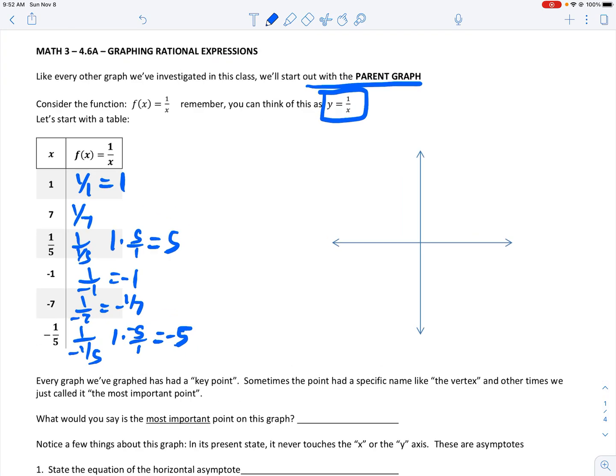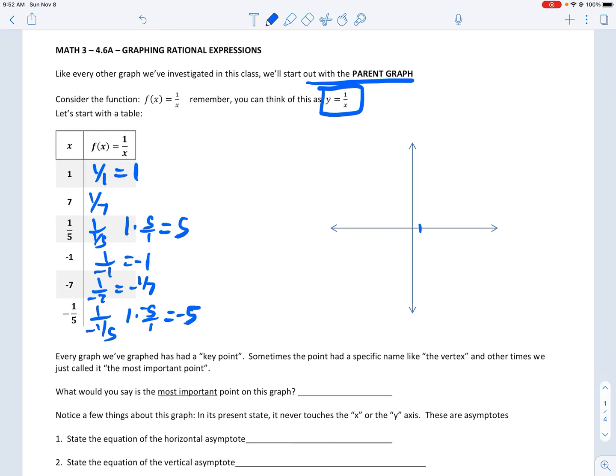So let's plot those points to the best of our ability. So 1, 1. All right, 7, 1/7. All right, 1/5, 5.